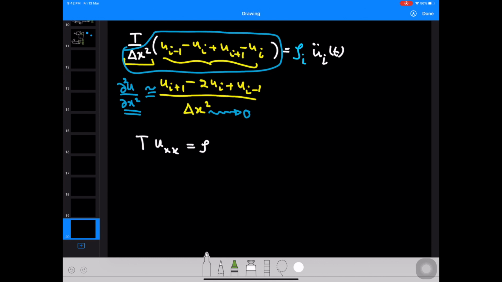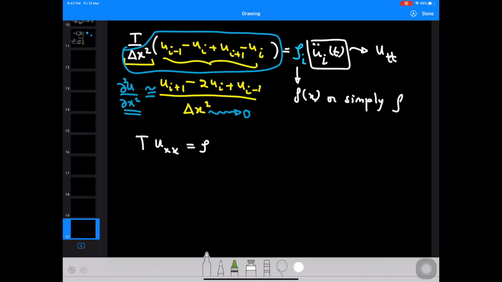I'm also going to substitute rho_i with rho at x, or simply rho. And the second derivative here is with respect to time, the acceleration, so it is just u_tt.